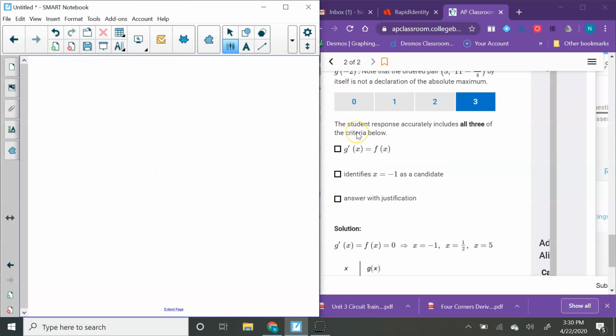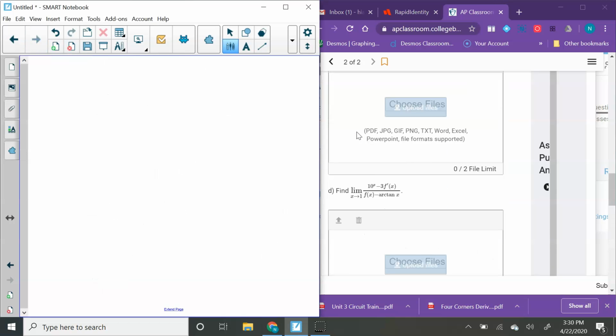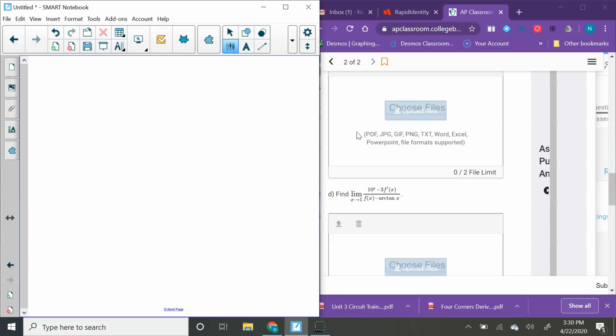Alright, we've got one more section to do for this one, for part D. This is another L'Hopital's rule problem, because that limit is nearly impossible to do without using L'Hopital's rule. So L'Hopital's rule, you always have to take the limit of the top and the limit of the bottom and they should equal 0.